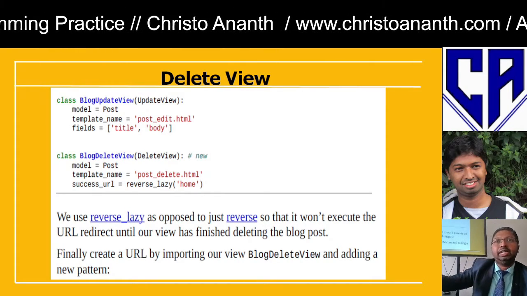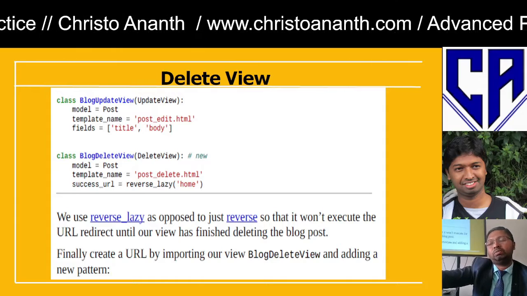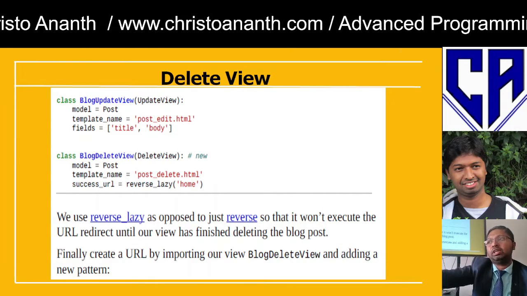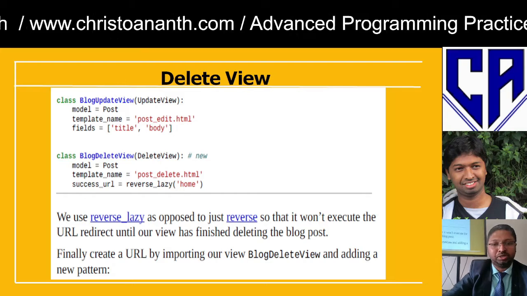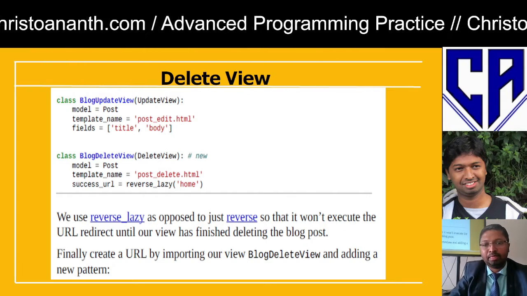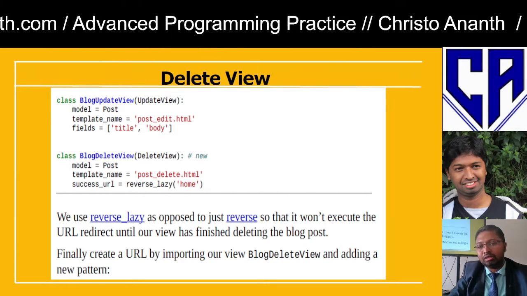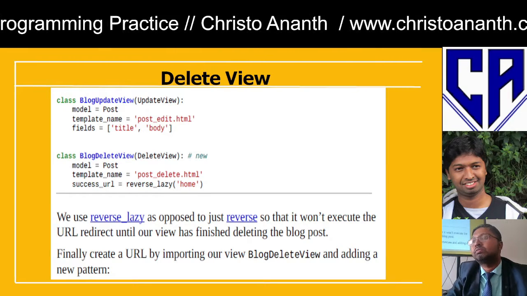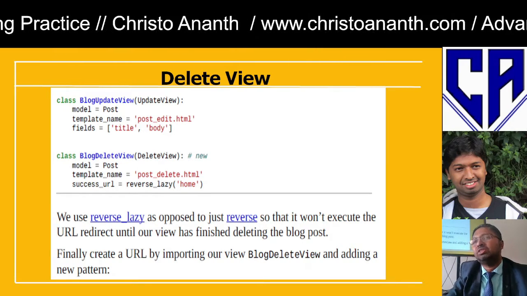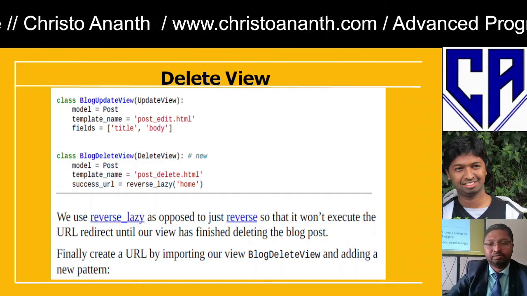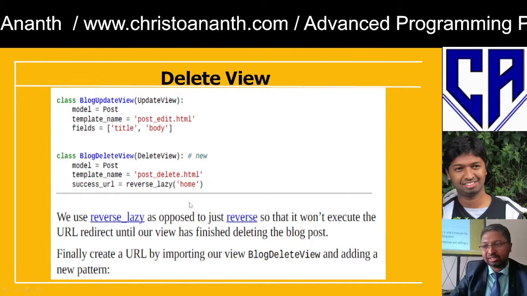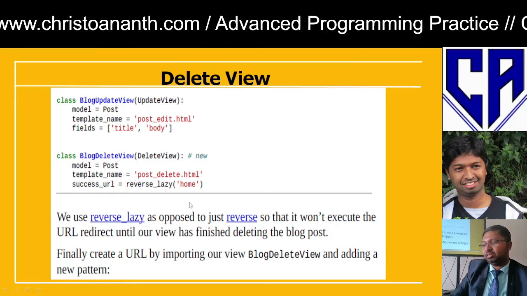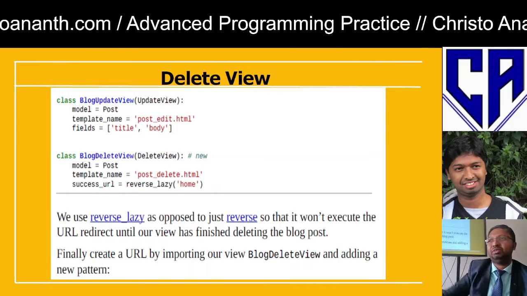It will be redirecting after deleting the blog post. Are you confirming? And if you click yes, it will go to the home page. Reverse_lazy function is just to confirm and then redirect.